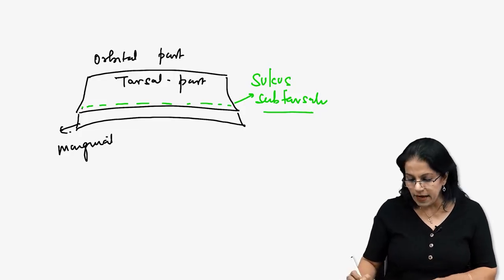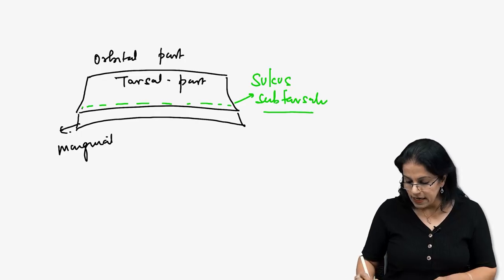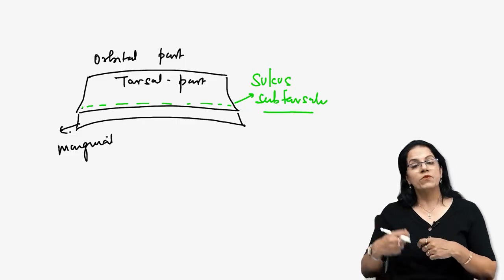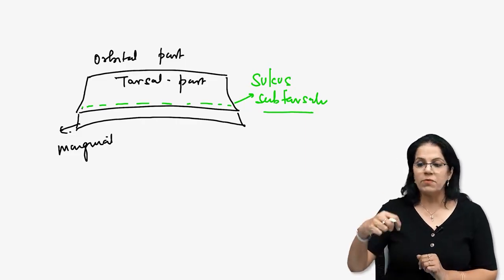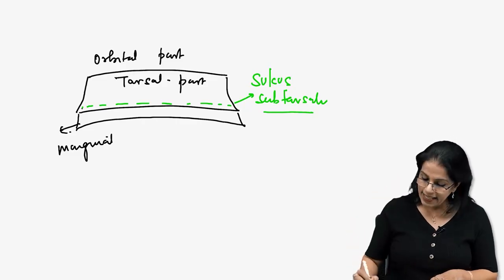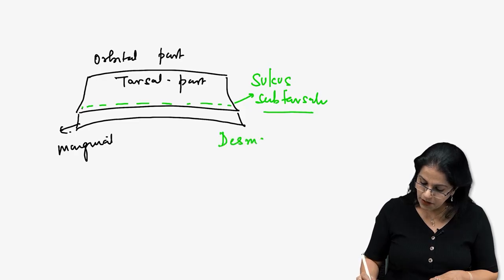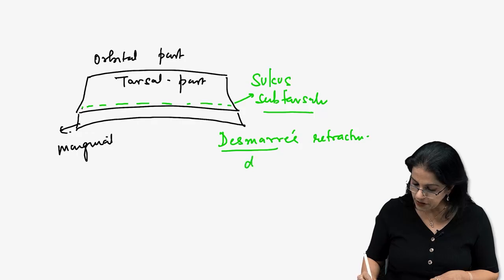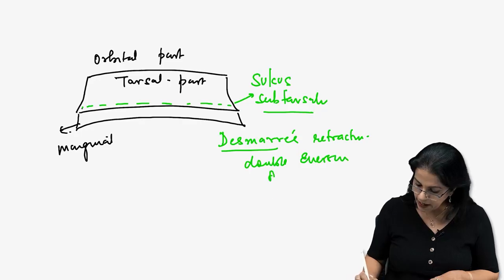Okay? And sometimes, of course, we have to evert the lid to remove that foreign body, but if you need double eversion of the lid, it may not be possible clinically with your hand. In that case, what do we use? This is important and you should know, we go for the Desmarres retractor, okay, for double eversion of the lid.